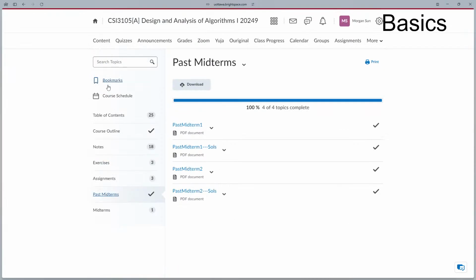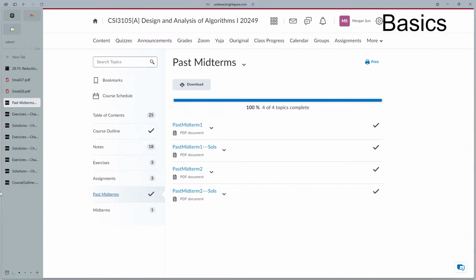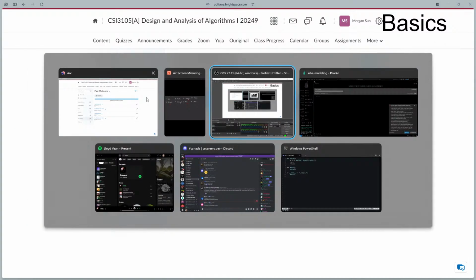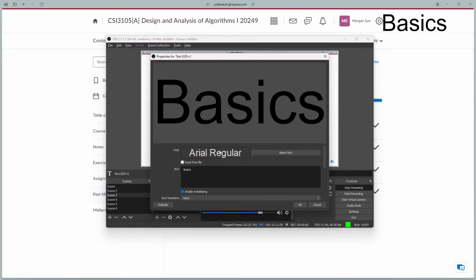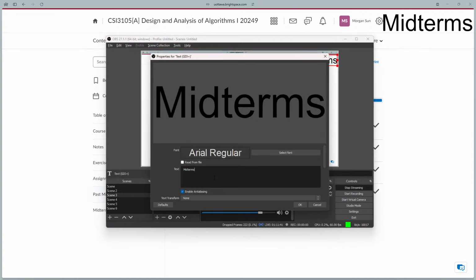Now, let me work on past midterms. Okay, so I can work on these two. That's okay. Midterms.